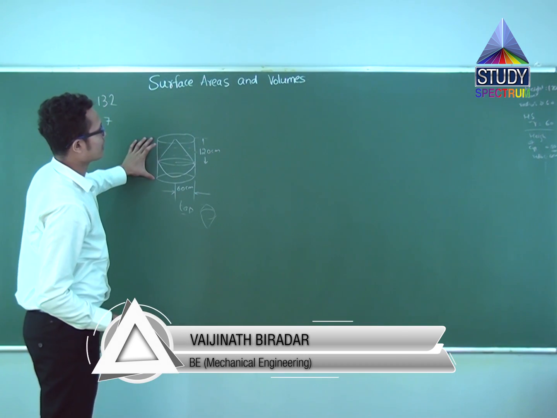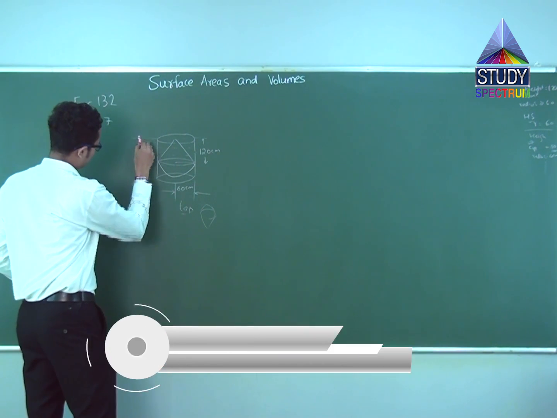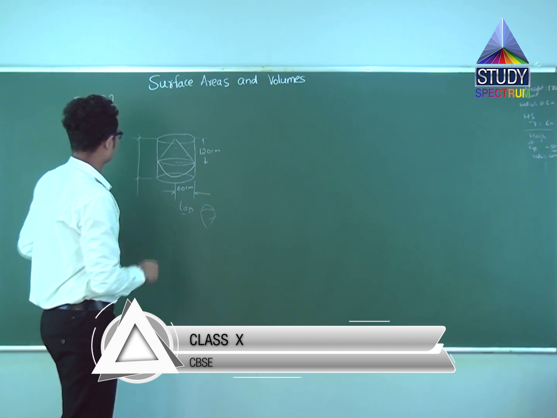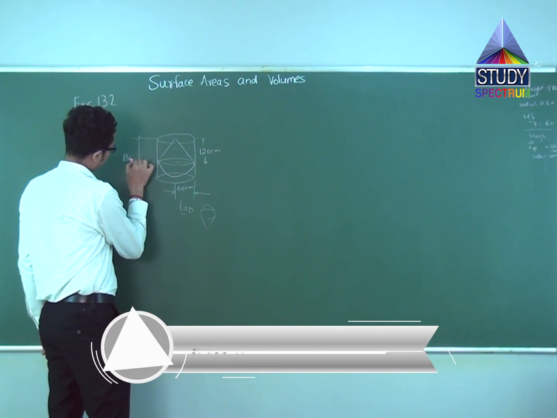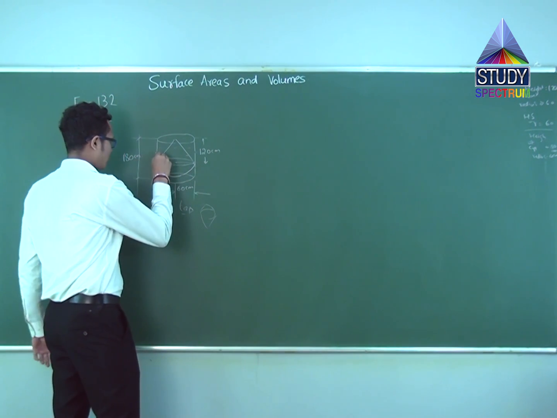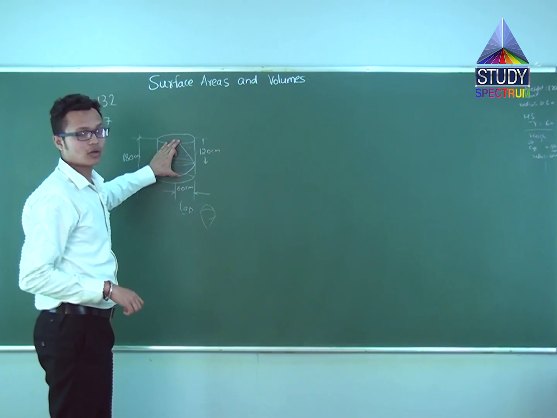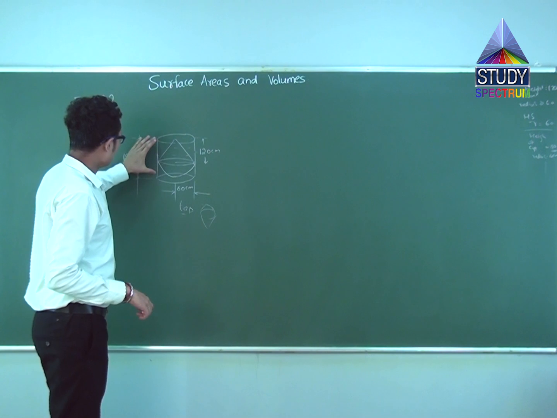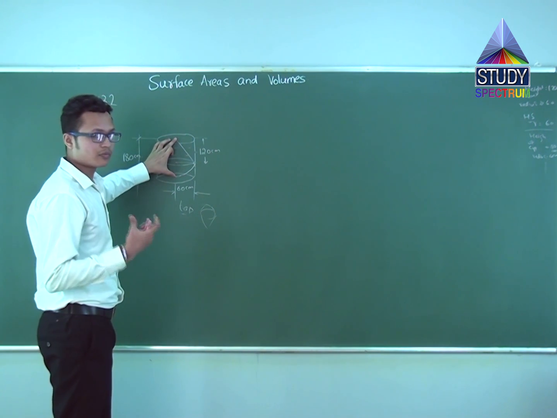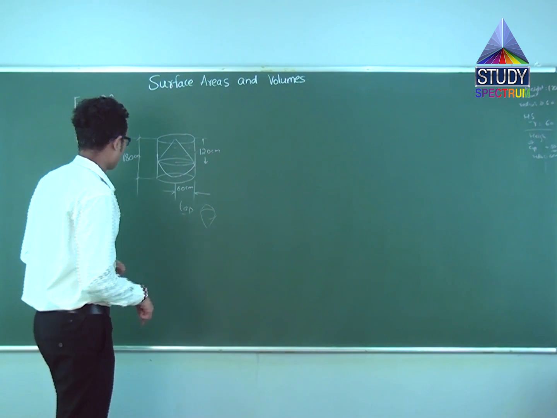And height of the cylinder is given as 180 centimeters, from this point to this point, so 180 centimeters. And find out the volume of water that is remaining inside this container after placing this solid object. Volume of the cylinder minus the volume of this object gives me the volume of water that remains inside this cylinder.